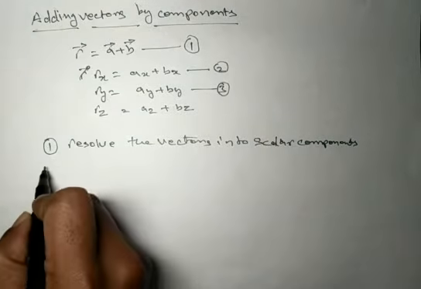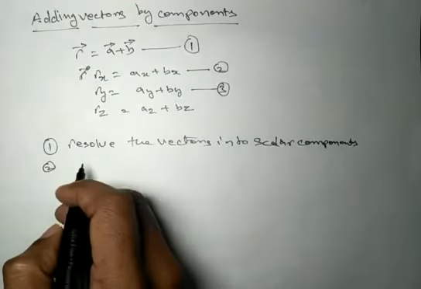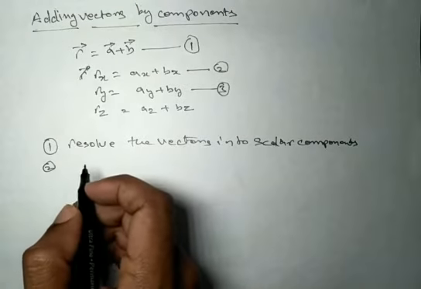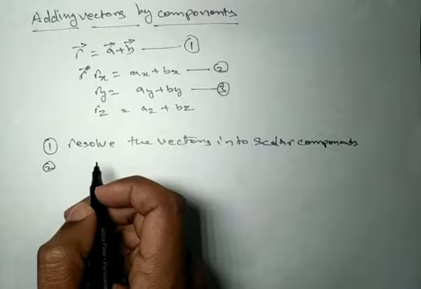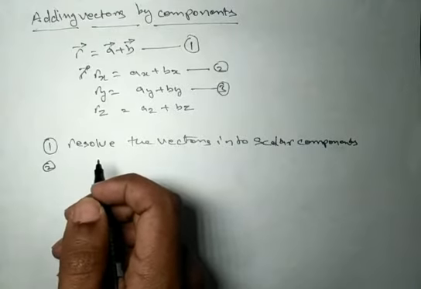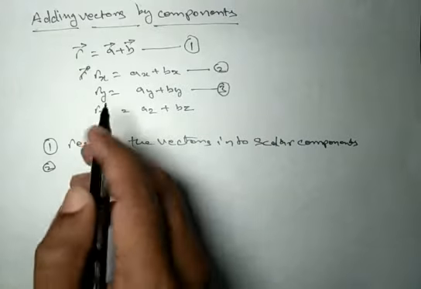And the second step is combine the scalar components axis by axis to get the components of the sum, vector r.